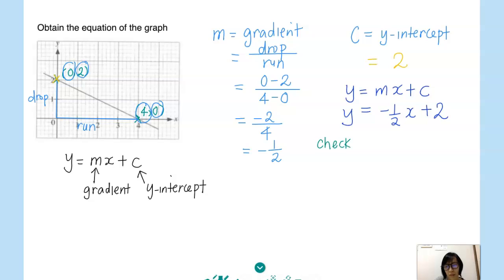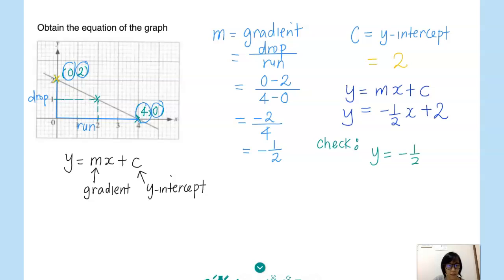You don't always have to check. Well, if you have time during the test, it's good to just give it a check. So I'm going to use this particular coordinate to check. See the one that I marked on the graph right now? The coordinate is when x is equals to 2, I'm expecting y to be equals to 1. So let's see if that's true. I'm going to substitute in x is equals to 2.